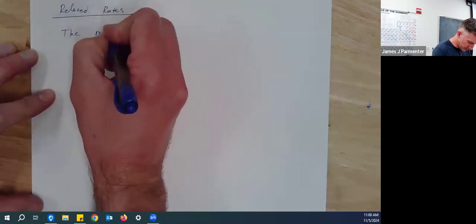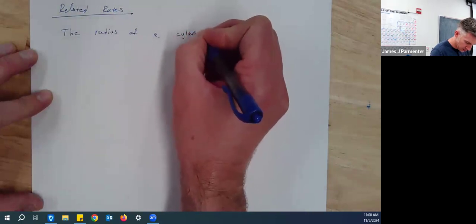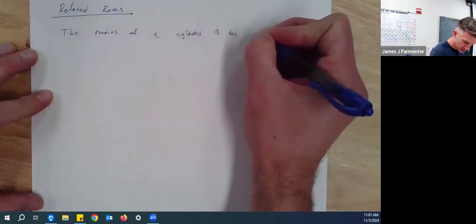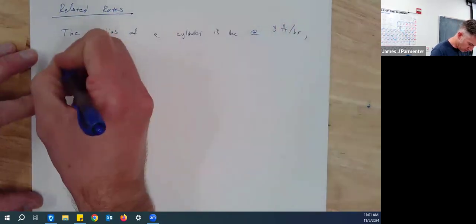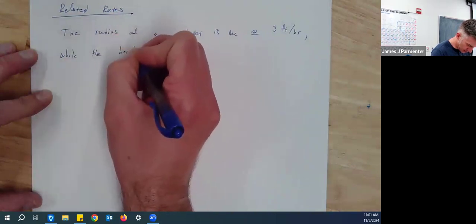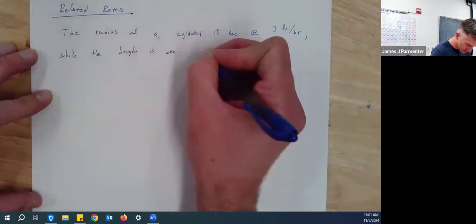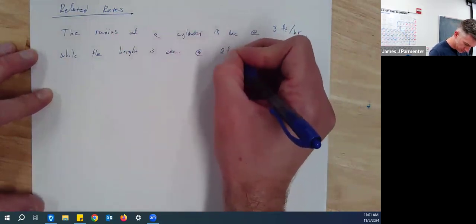So the radius of a cylinder is increasing at 3 feet per hour, while the height is decreasing at a rate of 2 feet per hour.